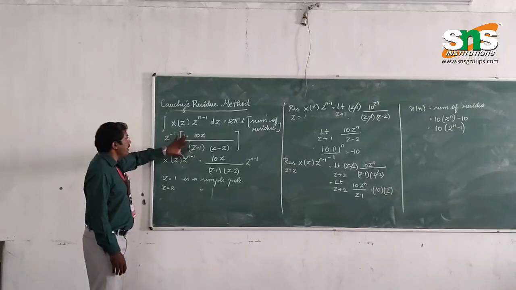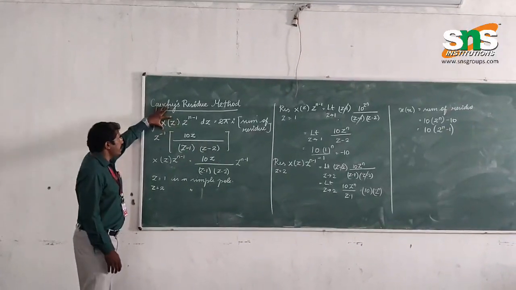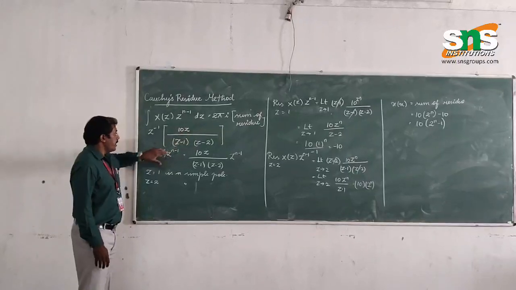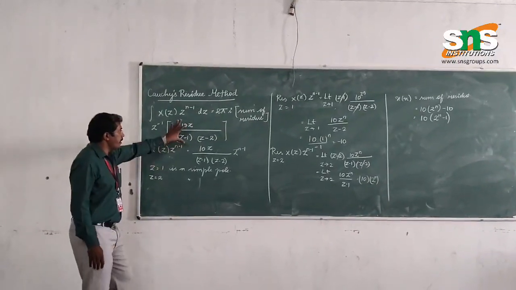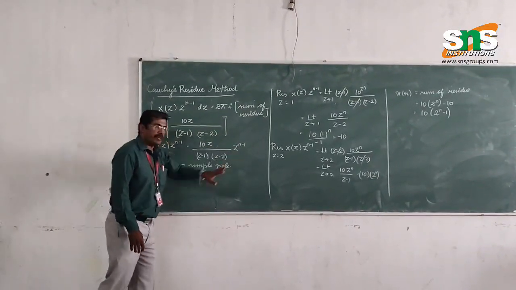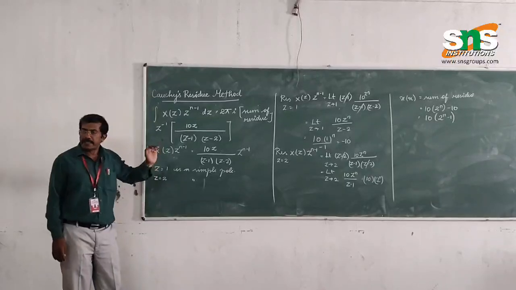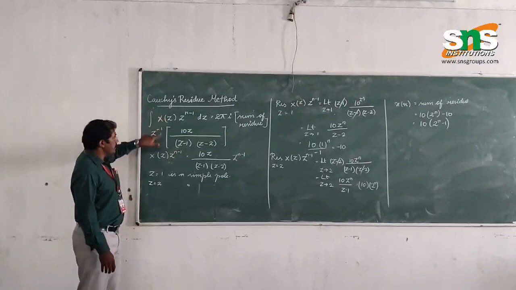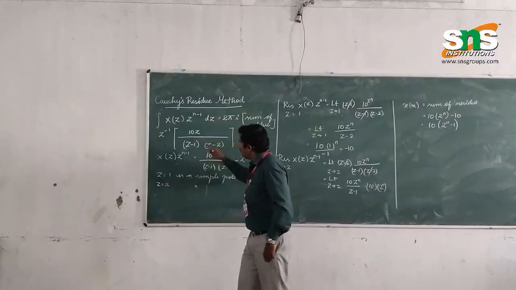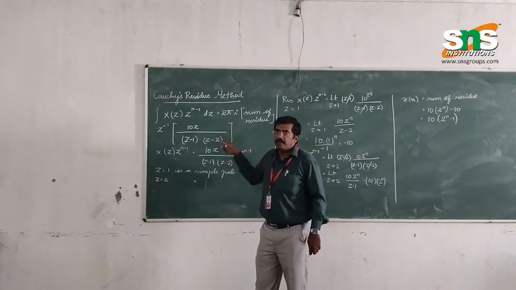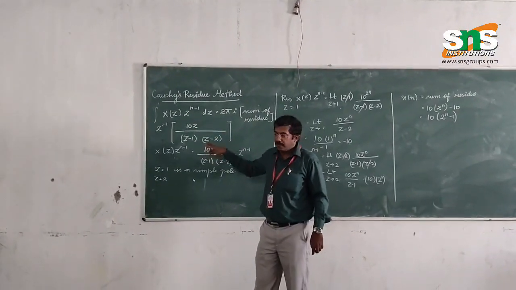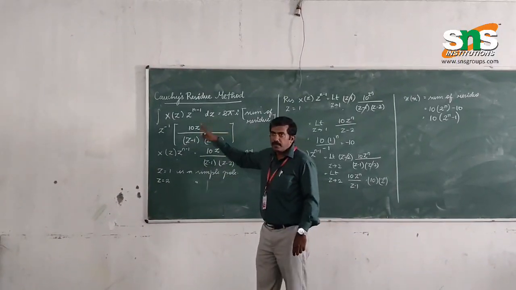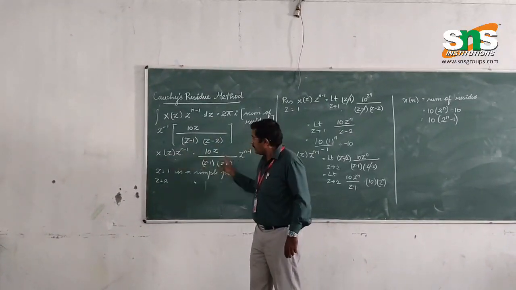So here I am taking this term as x of z, and I am multiplying it with z power n minus 1. Just compare and see. This is the format. You just compare the question with this. The term inside the bracket, 10z by z minus 1 into z minus 2, I am taking as x of z.